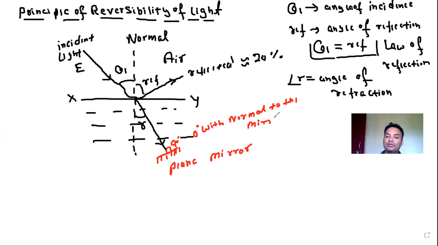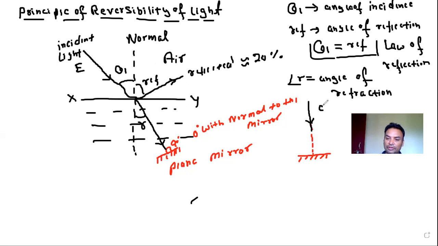So let me show you the normal of the mirror. Let me take a plane mirror, and I draw a normal. So this is the normal. In our case, our light is also falling along the normal. So what is the angle?